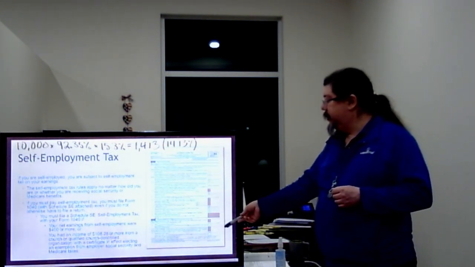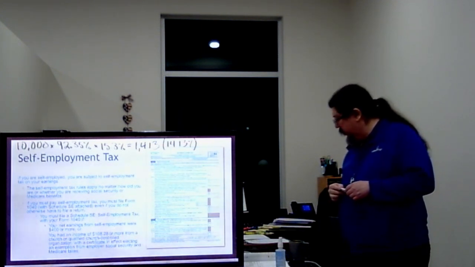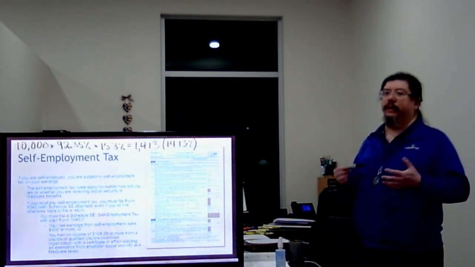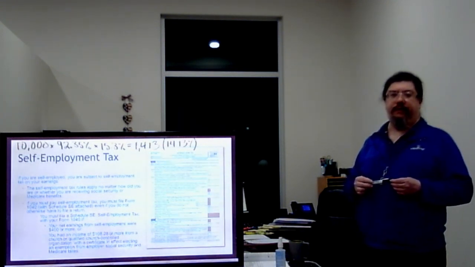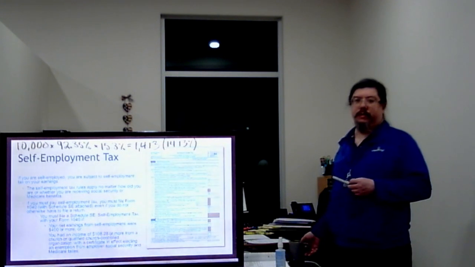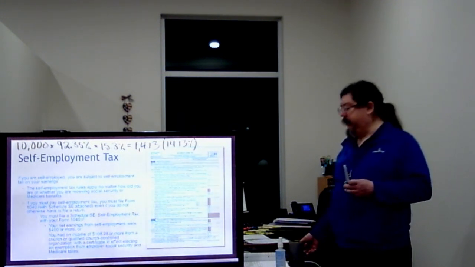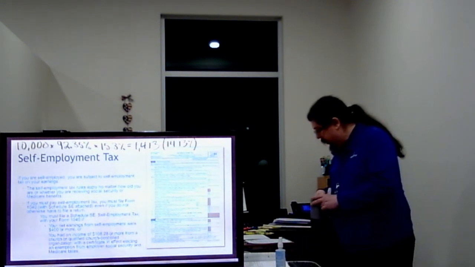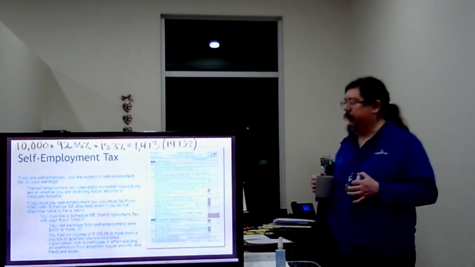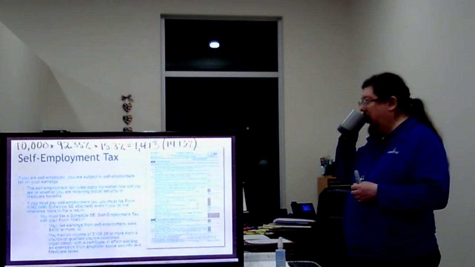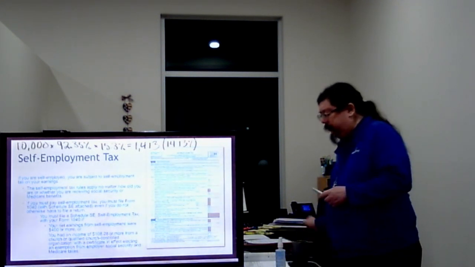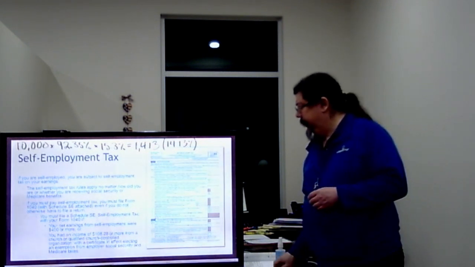There is an optional method down here. If you're trying to get enough credits to qualify for Social Security in the first place, you are allowed to voluntarily pay some Social Security tax, even if you have a loss. That's what the optional method is all about. It's very rare for people to actually opt into that, and most of the time we don't even ask people about that.